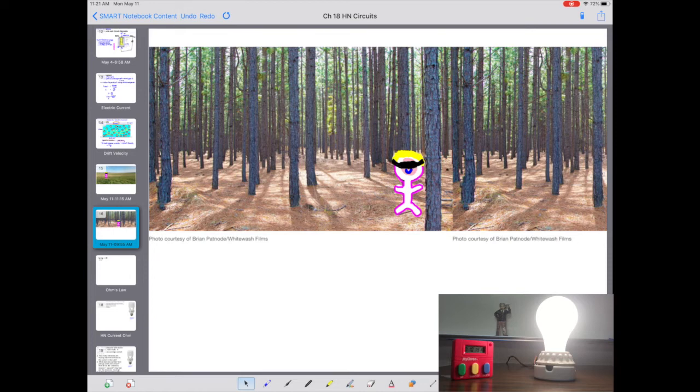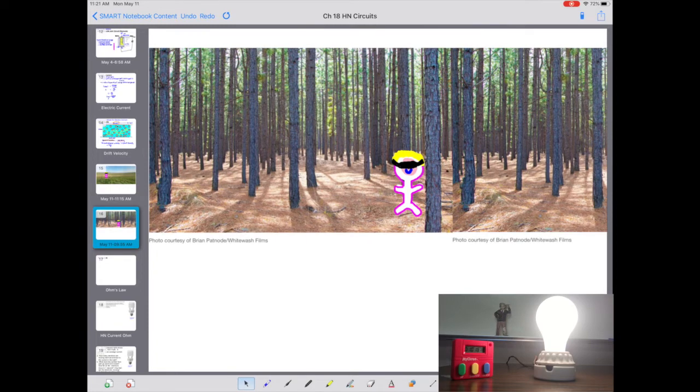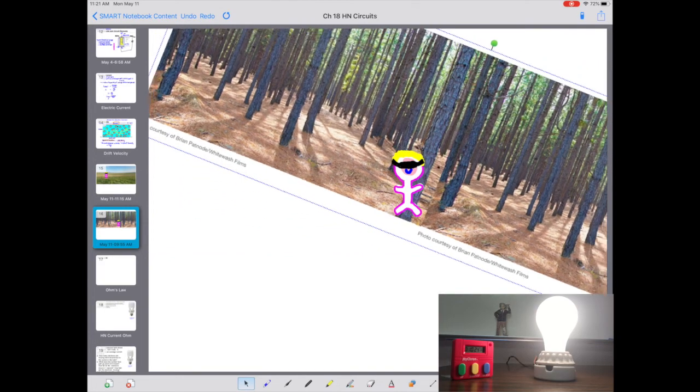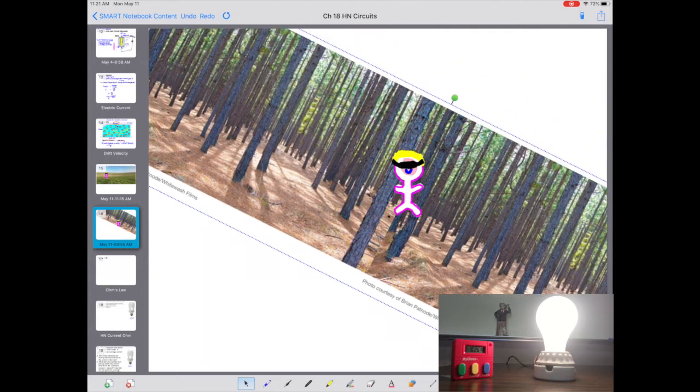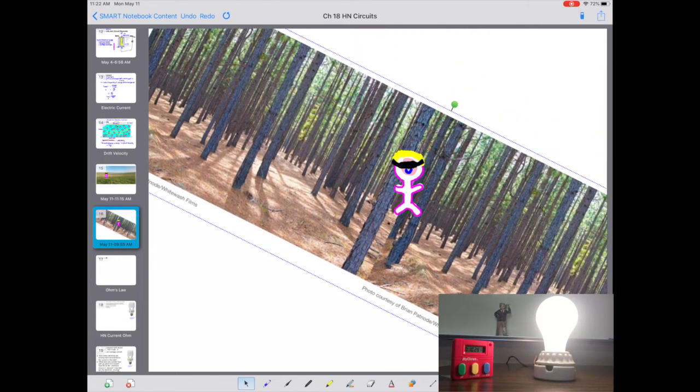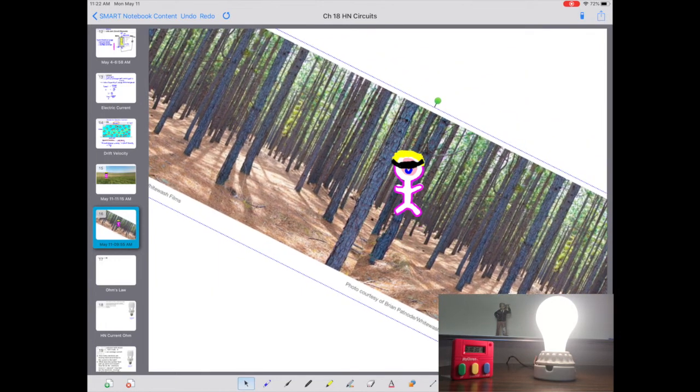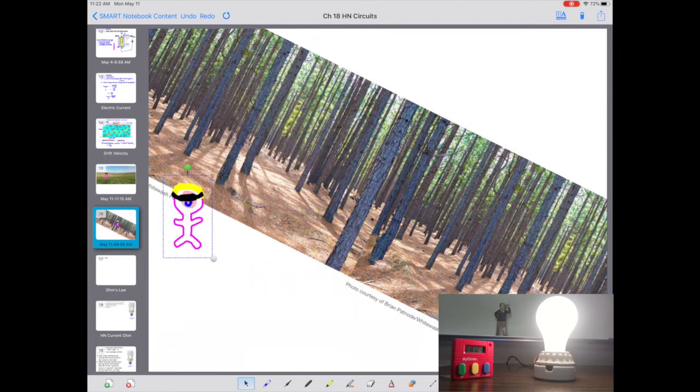So to change this a little bit to represent a circuit, I'm going to take our forest, and you've got to use your imagination a little bit here, and rotate it a little bit. So now it's not just a forest, but it is a hill. Here is our electron, our person, starting out somewhere on that hill.